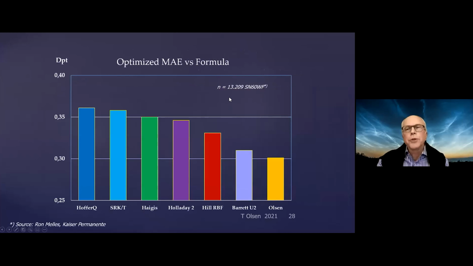So I had the opportunity to analyze the material from Ron Mellers, and here you can see my comparison of the formulas. There's no doubt that the old thin lens formulas are not doing as good as we want it to be today. In this case, I was down to 0.3 in the mean absolute error, about 0.4 something standard deviation.